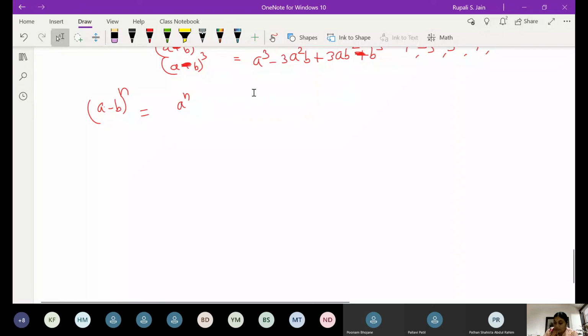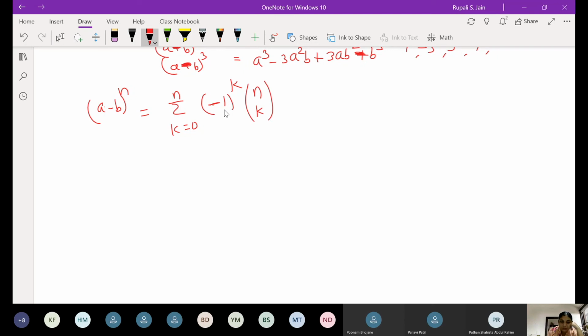Summation k is equal to 0 to n, minus 1 raised to k, n choose k.